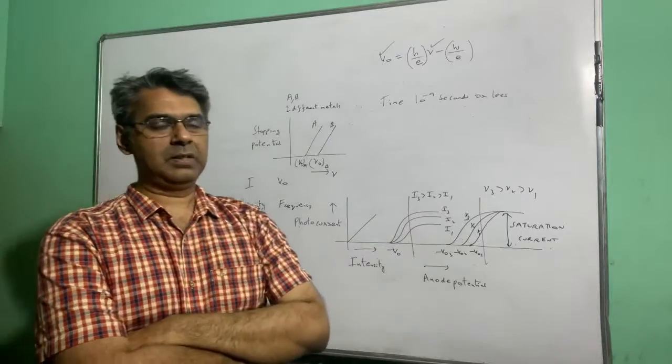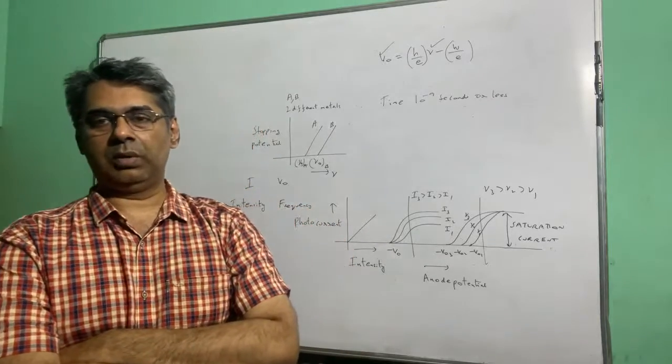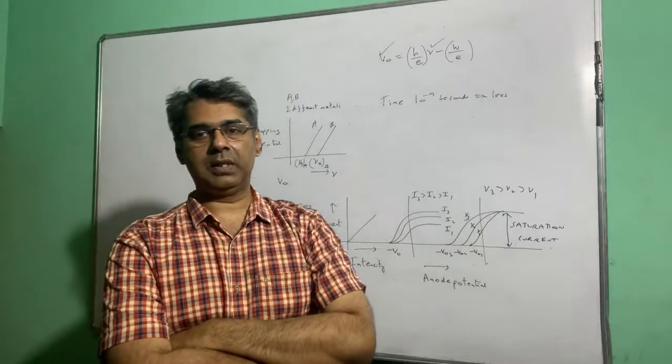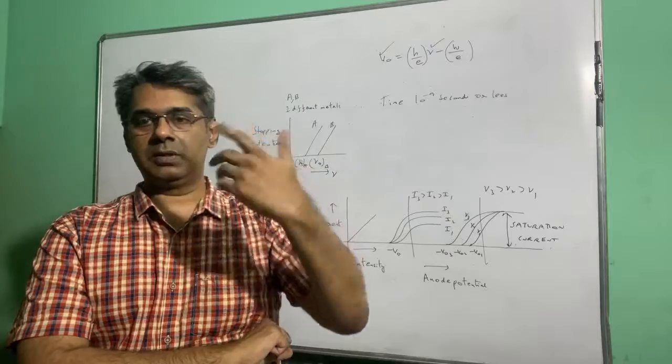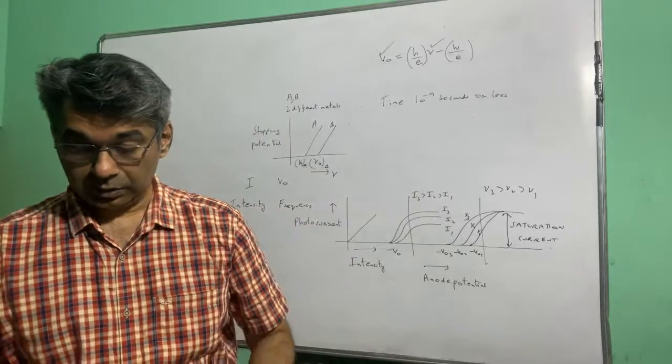So this 10 to the power minus 9 seconds is such a small quantity that it is ignorable. So that means there is hardly any time lag. So we can say that the photoelectric effect happens almost instantly.